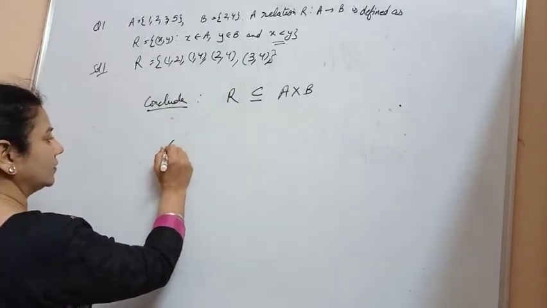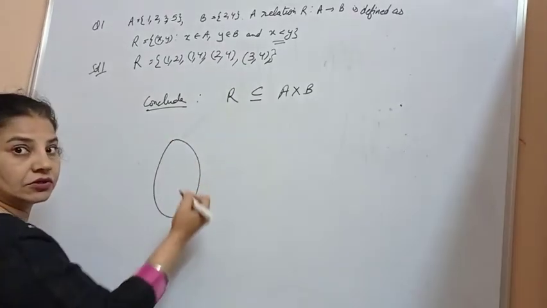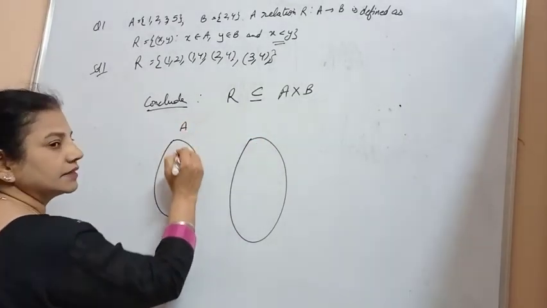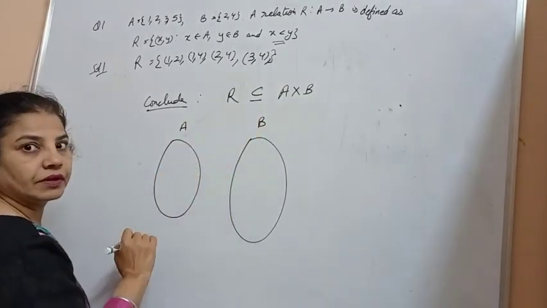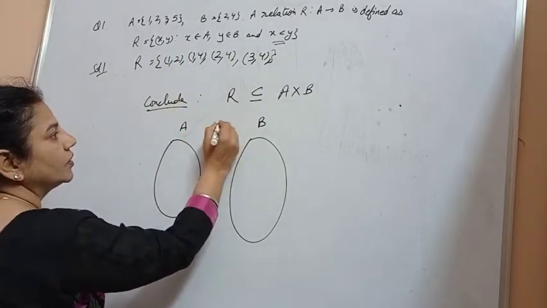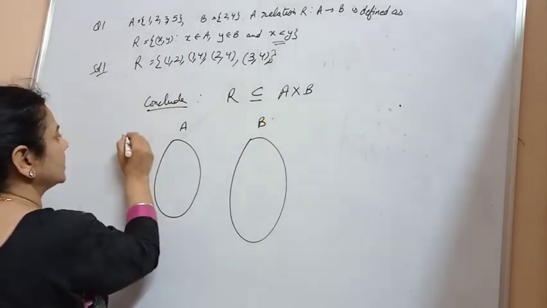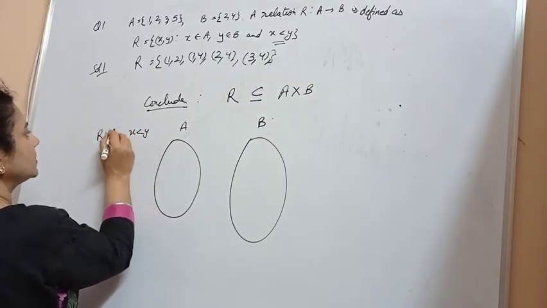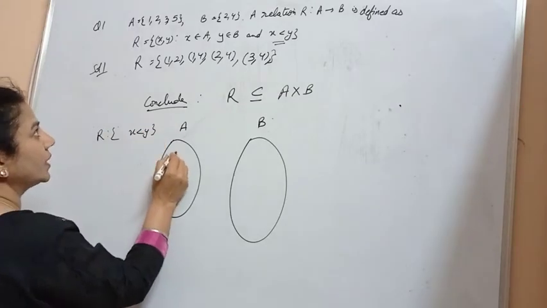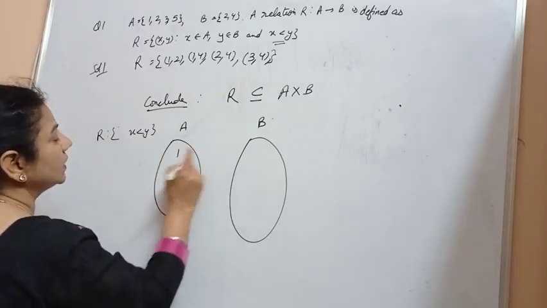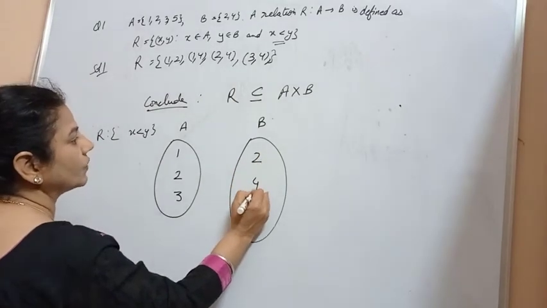So if I draw this as a mapping by Venn diagram, this is set A and this is set B. With the relation A to B, where x is less than y, I have 1, 2, 3 in A. Here I have 2 and 4 only.